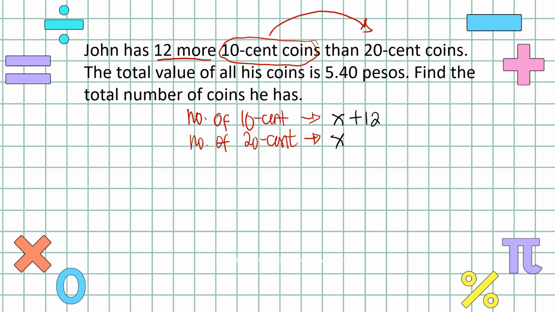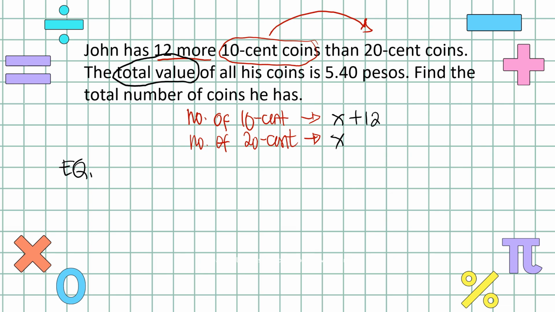Okay? And now that you have the representation for the number of coins, we can now jump to our second sentence, which will give us an idea on what the look of our equation will be, because it is referring to the total value of the coins. And if you want to get the total value of the coins, we multiply.